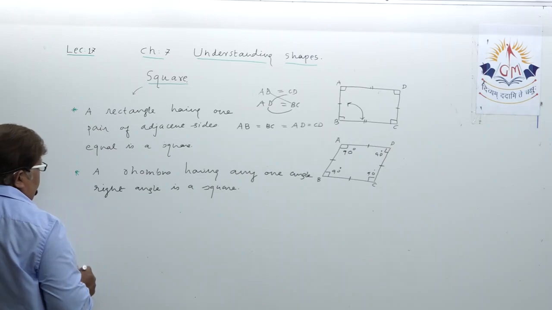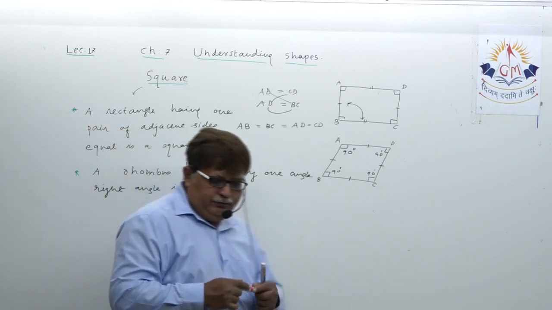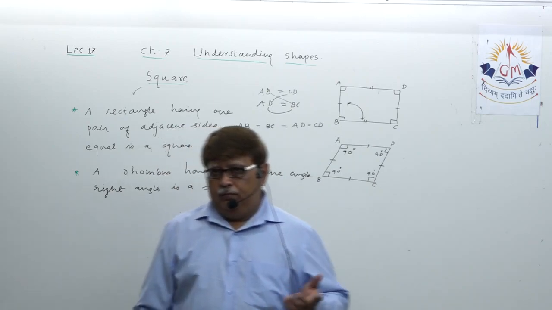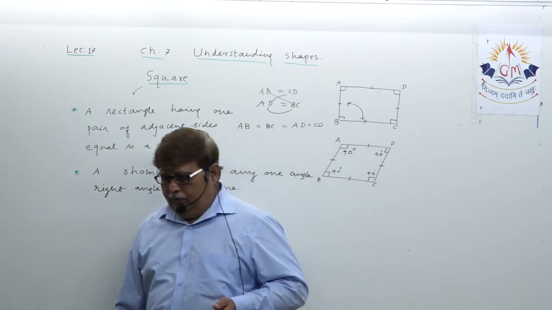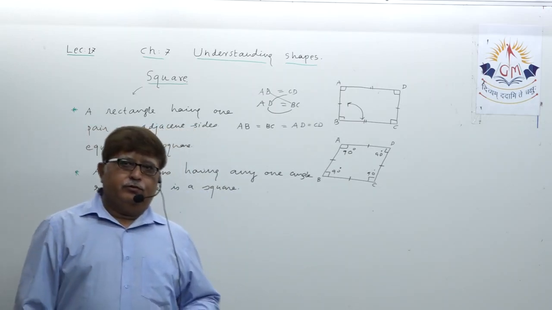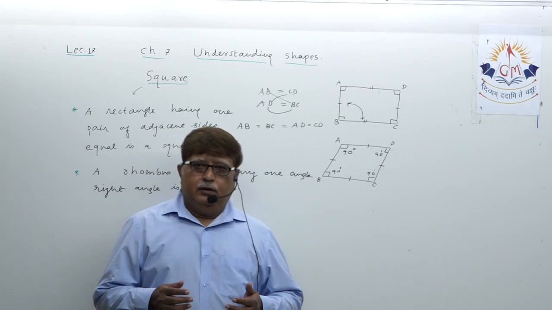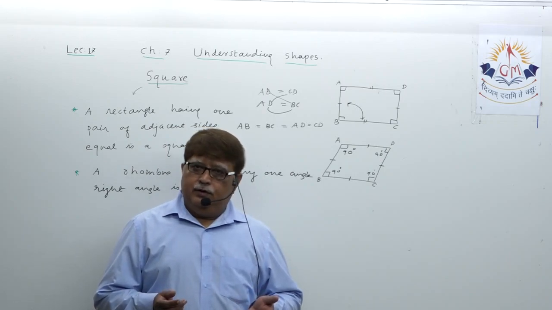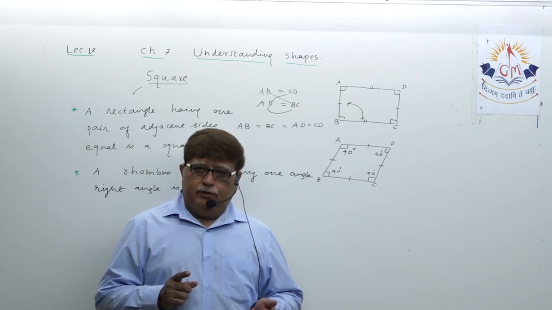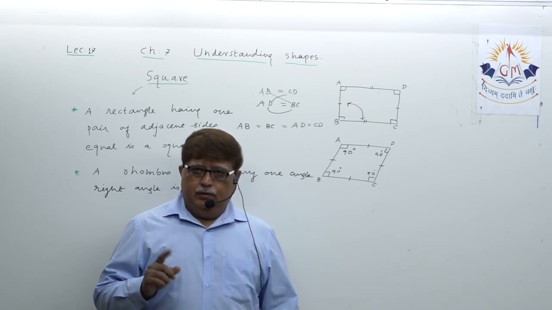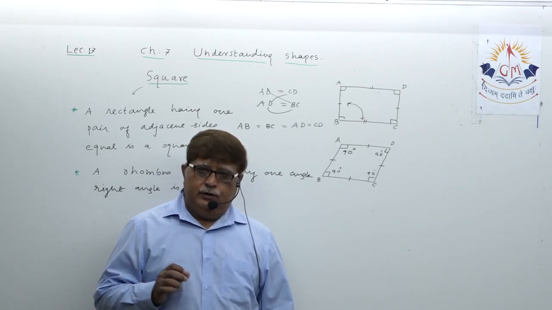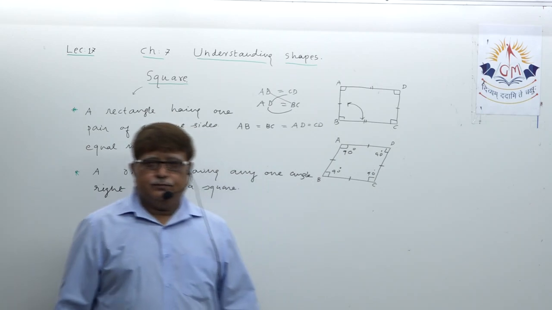Understand? Second definition. Otherwise, you people have somewhere in previous standard studied the definition of square in this way, that a quadrilateral having all sides equal and all angles right angle is actually known as square.